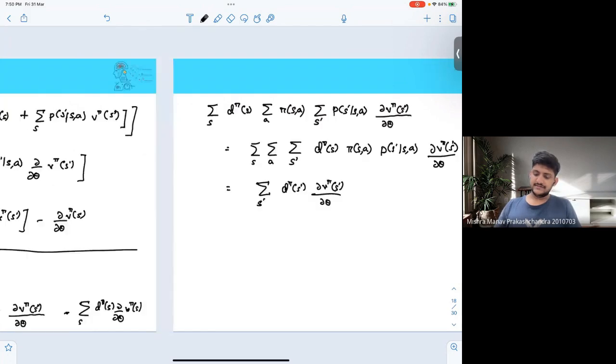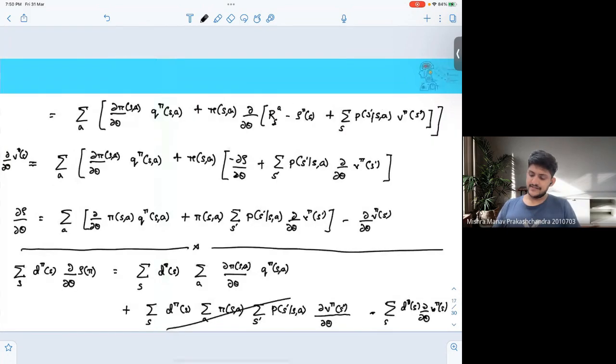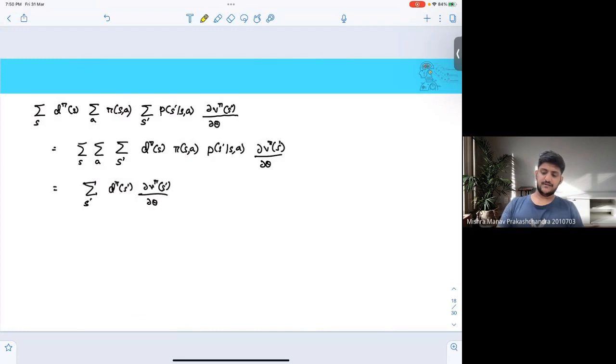Now, this quantity and this quantity cancel out. So these two quantities cancel out, and what I'm left with is this big equation.